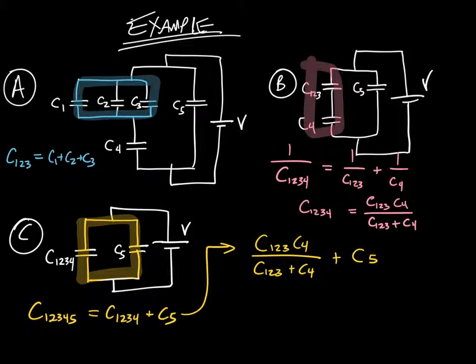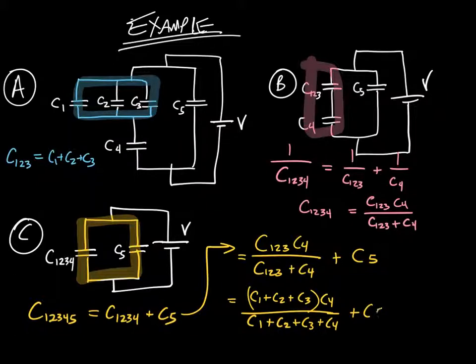But C1, 2, 3 was C1 plus C2 plus C3 times the C4. And then it's just the sum of 1 through 4 in the bottom, and then a C5.